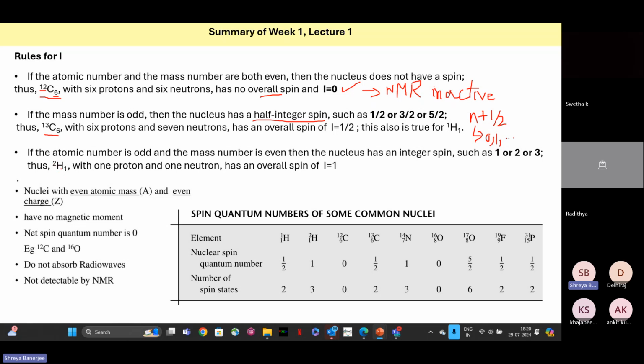So mass number even, atomic number odd. In that case, the nucleus will have an integer spin. So it can have 1, 2, 3, and so on. In both case 2 and case 3, these are called NMR active nuclei. That is, they will show peaks in the NMR spectra.